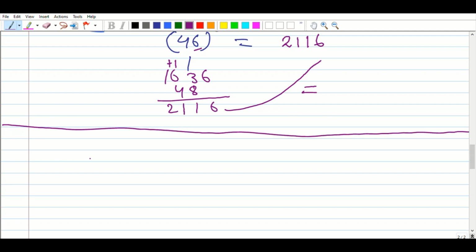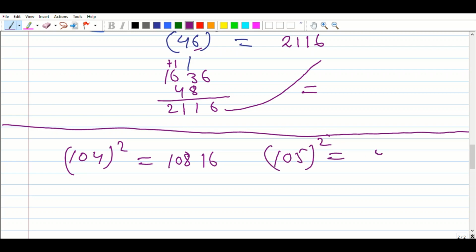You see here 104 square, that is what? That is 108. Sir, 105 square, that is very good, sir, that is 110. It's very easy.